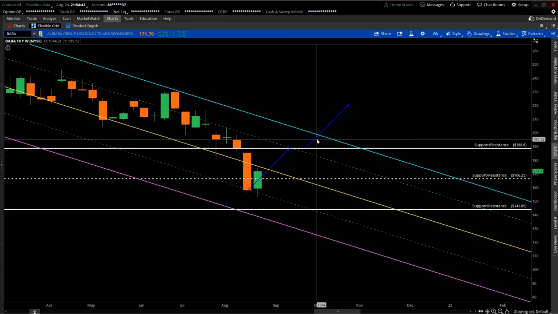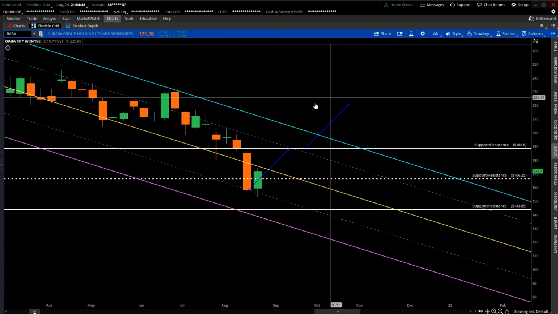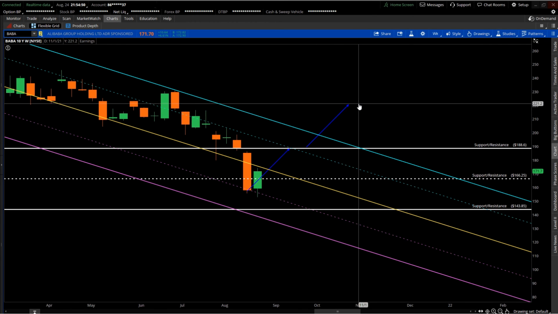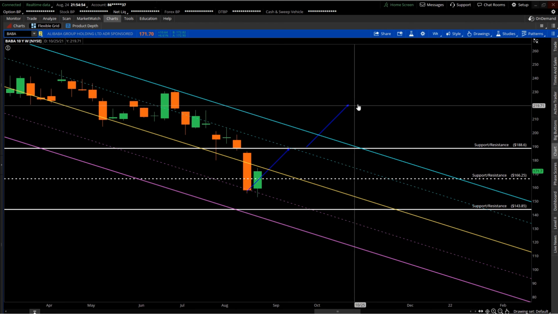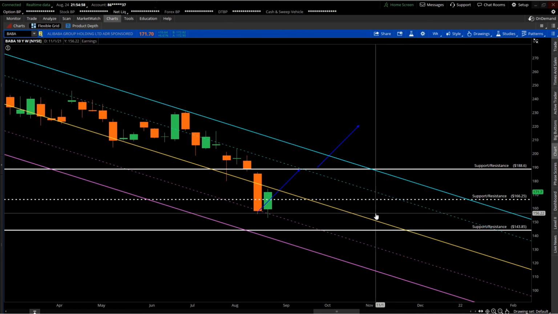But still, even if price does get above it, there's another support resistance level that it also has to contend with. So maybe at that point price might get rejected and then come back down and back into this channel.